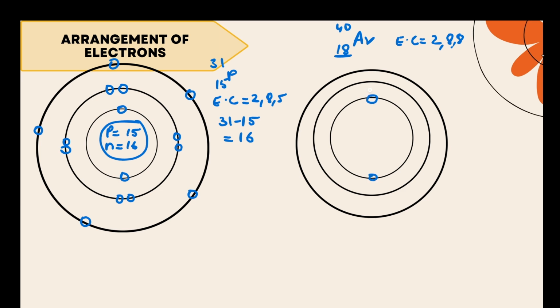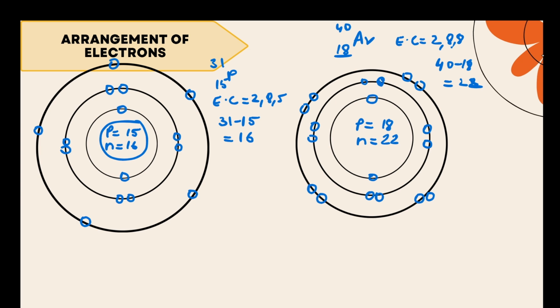First shell 2, second shell 8, and the last shell also 8. Now let's write the number of protons and neutrons. Protons will be 18 and neutrons will be 40 minus 18, so the number of neutrons will be 22.